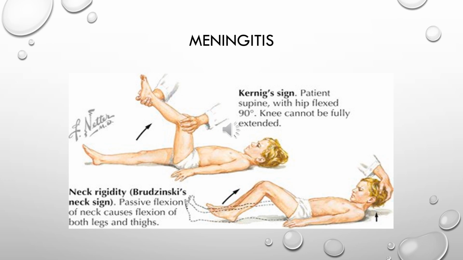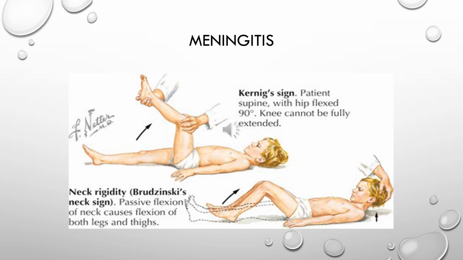It causes pain in the neck for the patient, so it becomes very difficult for them. And then also Brudzinski's sign, where you do this passive flexion where you kind of lift the head up, and what it does is it causes flexion of both legs, so the legs kind of start to draw up. That is also something that they'll do, and if they're positive, these can be signs of meningeal inflammation or meningitis.